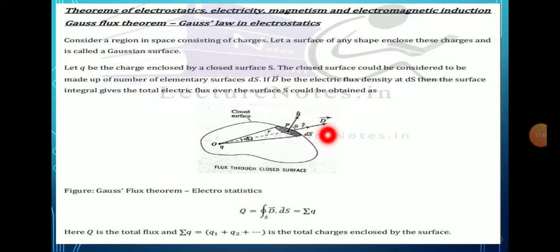D bar is an electrical flux density having position vector r bar.